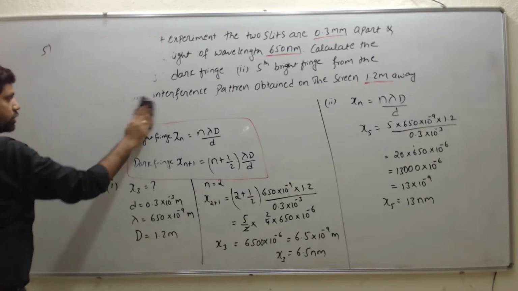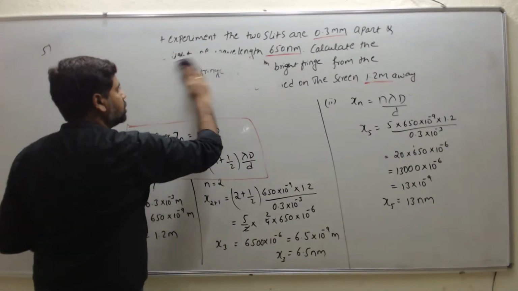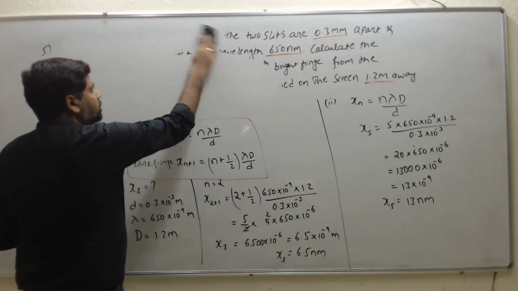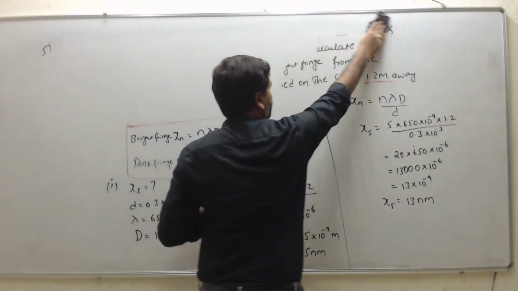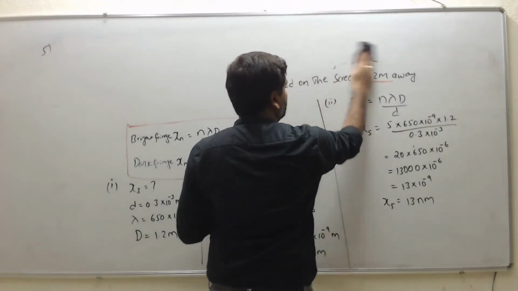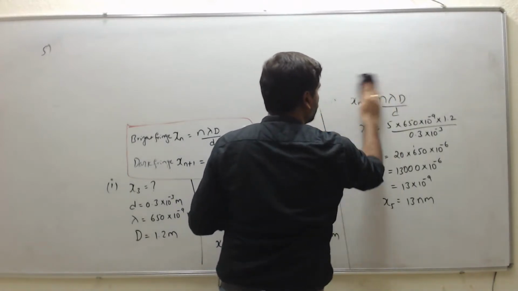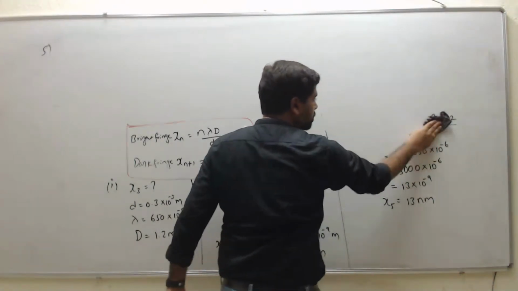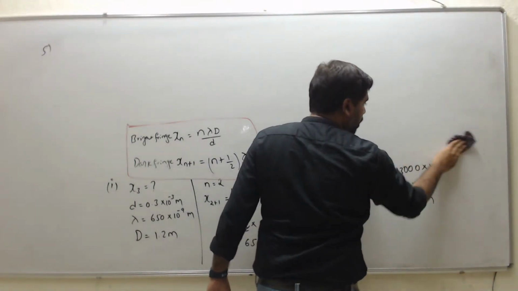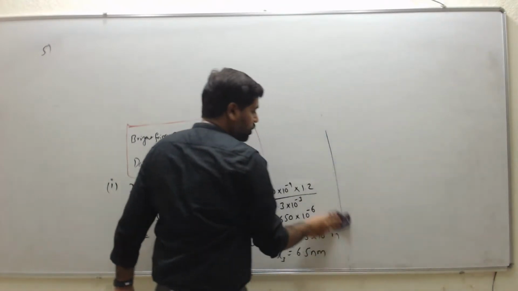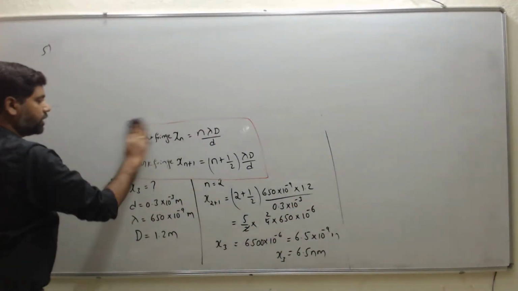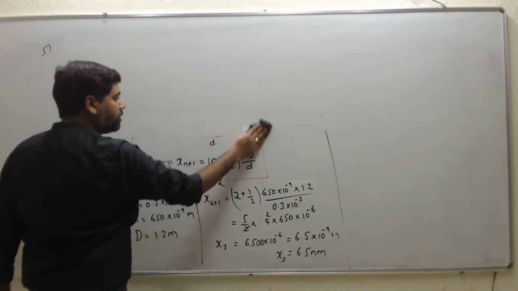So these are the questions which they asked in the previous year question paper based on this concept. So simple problems are there. We have to understand the question properly, what the question is asking and what we are going to find, based on only one formula, that is fringe width beta is equals to lambda D divided by d.